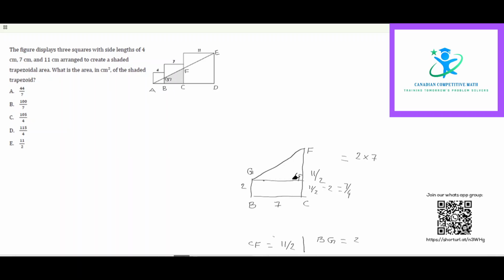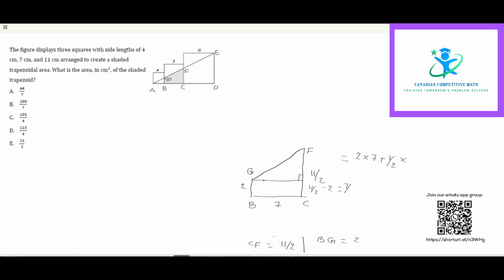Now we have one more part, the right angle triangle. Its area will be half times base times height. The total length is 11 by 2, and we have to remove 2 from it, so this length will be 7 by 2.